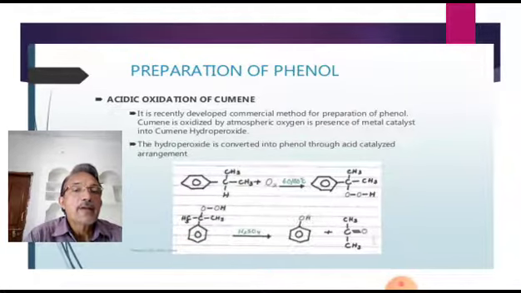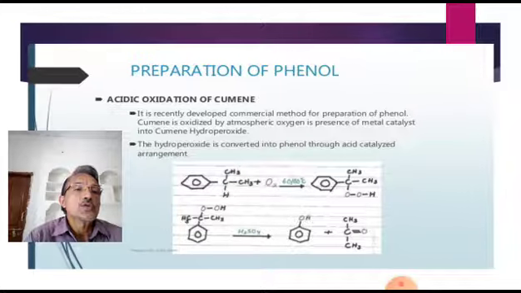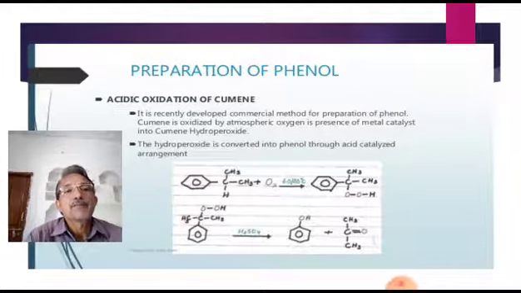This cumene hydroperoxide is converted into phenol through acid catalyzed rearrangement. Cumene hydroperoxide on treating with an acid catalyst like H2SO4 gives phenol. Besides phenol, we also get acetone.